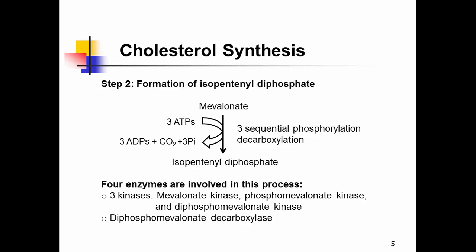The 3 kinases that catalyze the phosphorylation include mevalonate kinase, phosphomevalonate kinase, and then the decarboxylase. So you don't have to remember all these enzymes, just get sort of an idea, right?